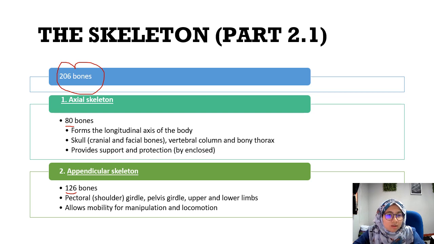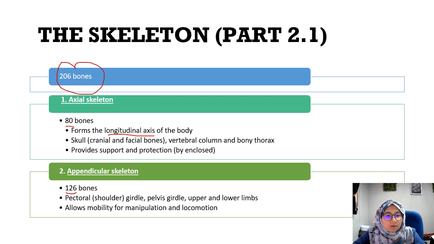Our axial skeleton, which forms the longitudinal axis of the body, consists of our skull, which is our cranial and facial bones, the vertebral column, and the bony thorax. The function of the axial skeleton is to provide support and protection.